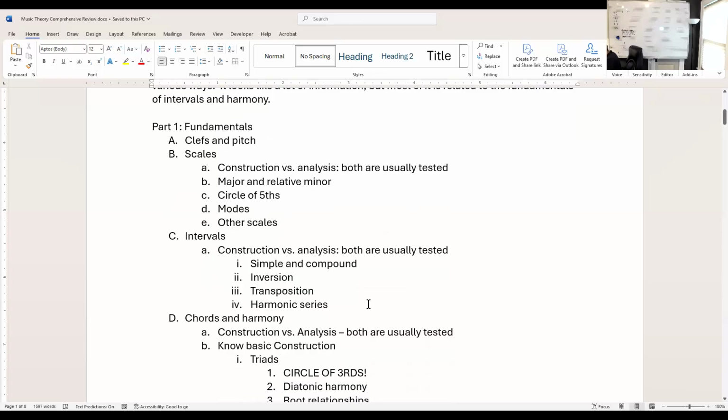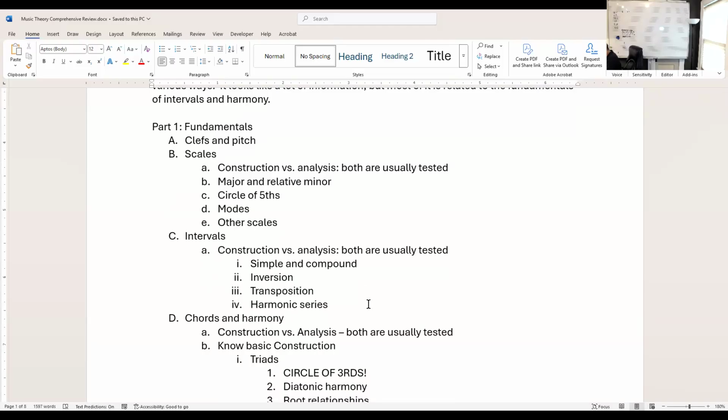And then if they find deficiencies, they'll either recommend a refresher course or they can kick you back to music theory 2, which is really hard for some to experience.